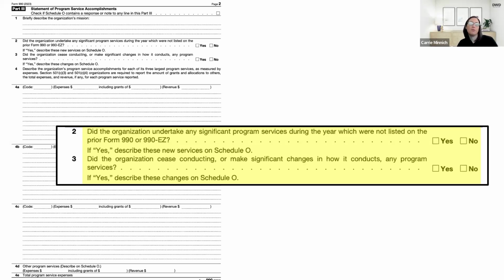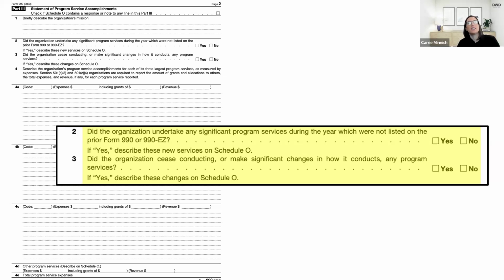That probably would not be considered a significant change, because it's still the same type of programming. You're just expanding the audience. Now, if you decided to go in a whole different direction that doesn't have anything to do with education or reading, then you would want to check this box yes and explain to the IRS what those changes are.